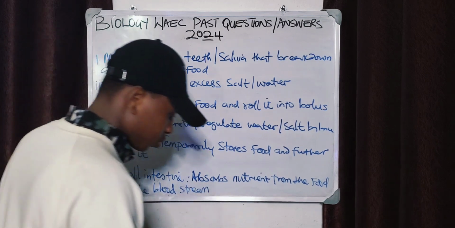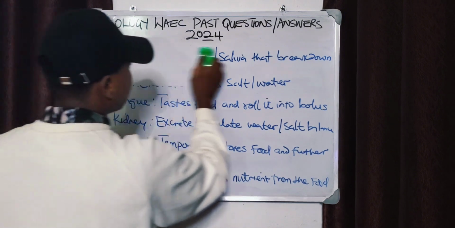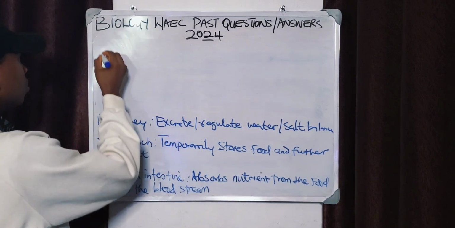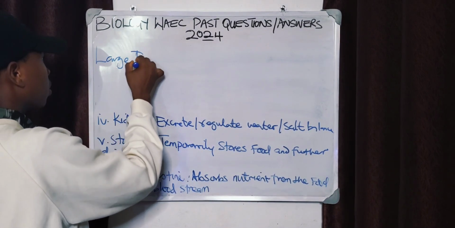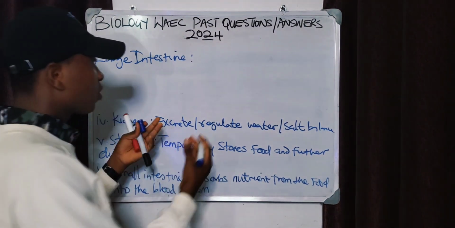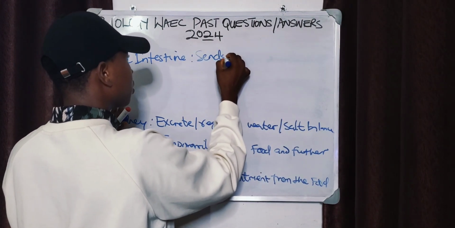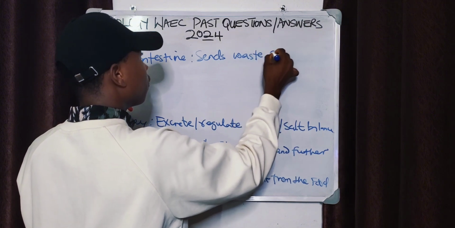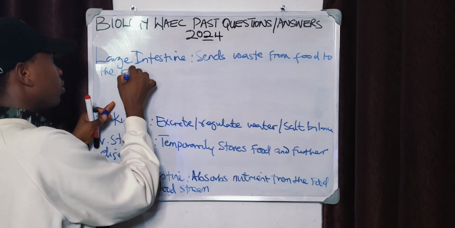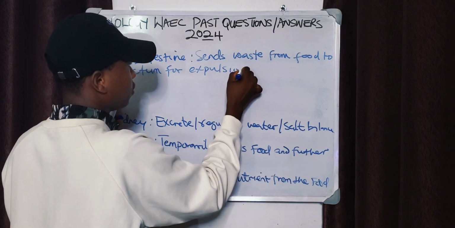Now, the next part we're looking at is the large intestine. The large intestine receives the waste products and sends waste from food to the rectum for expulsion out of the body.